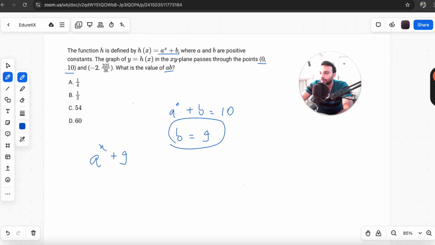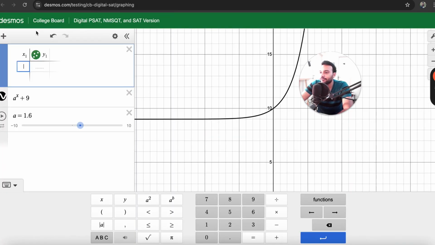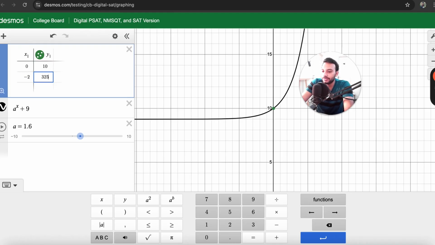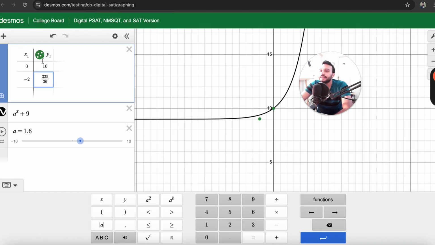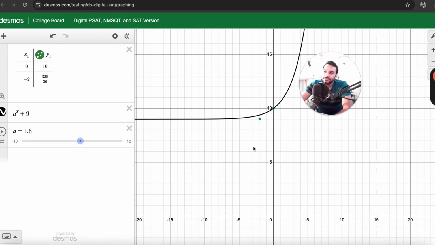So using the table option, the first point is 0, 10. Second is negative 2, 325 over 36. Okay, these 2 points. Now you see, we need to arrange the graph in such a way that it should accurately pass through these 2 points.